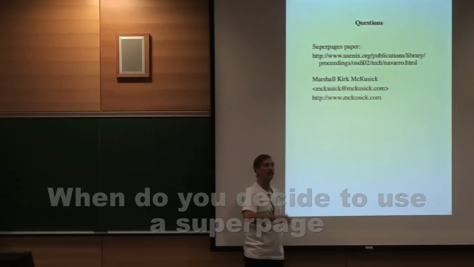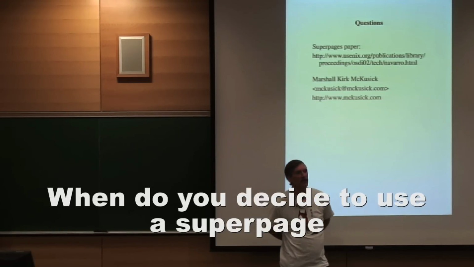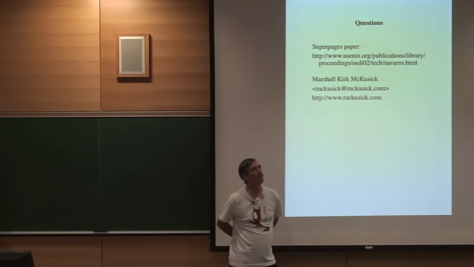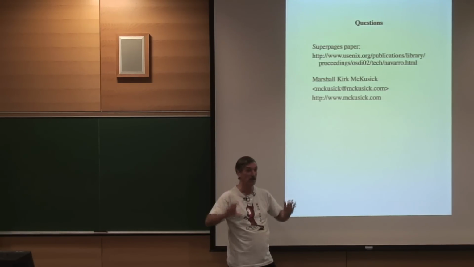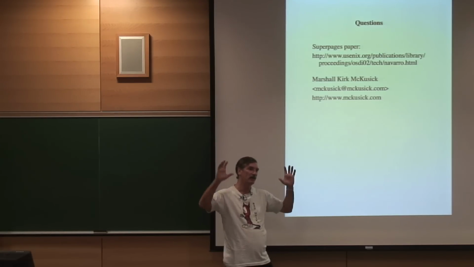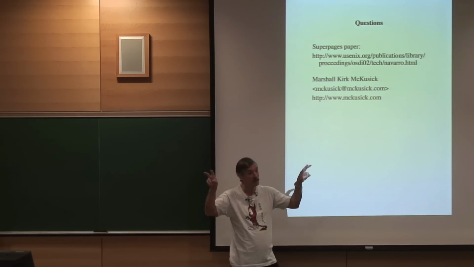So, how does the decision, or when does the decision get made? The decision on when to do the Superpage reservation works like this: the process is broken up into a bunch of pieces, like the stack or the heap or whatever. On the first page fault that you take for each one of those, we make a decision as to whether or not we're going to consider you for a Superpage reservation.